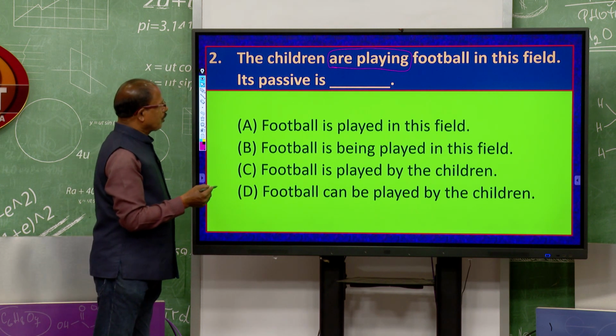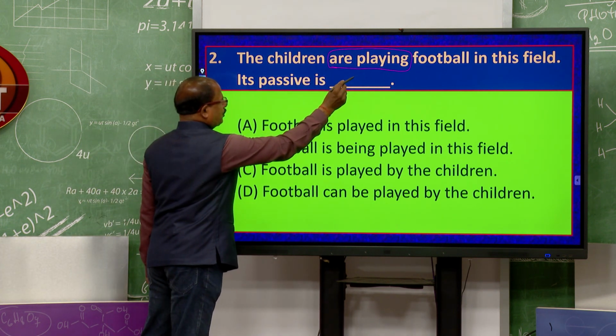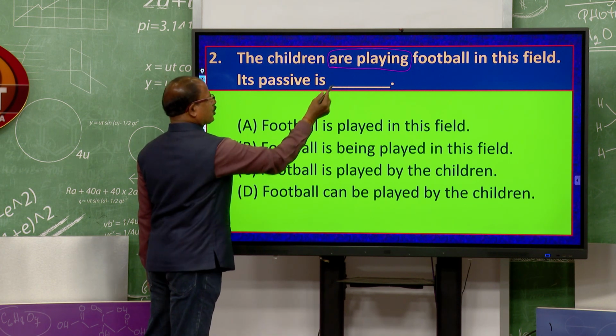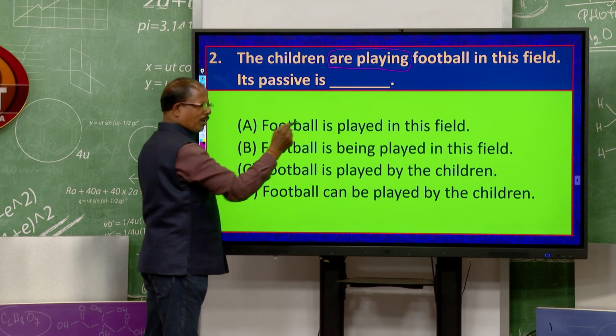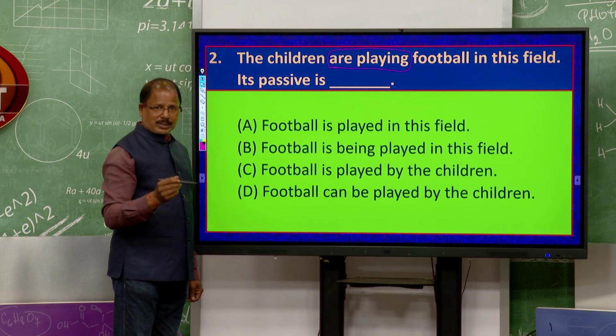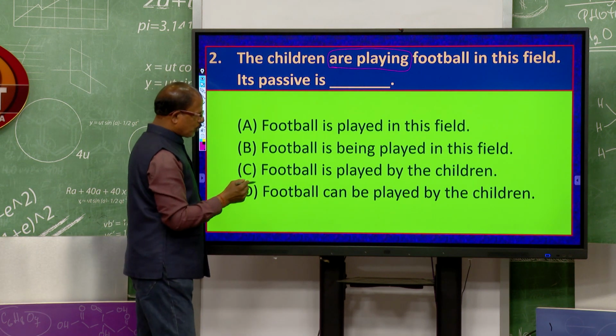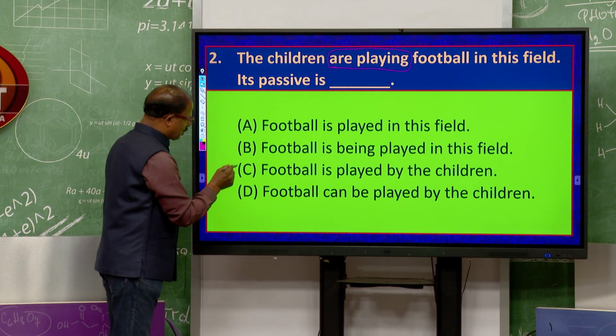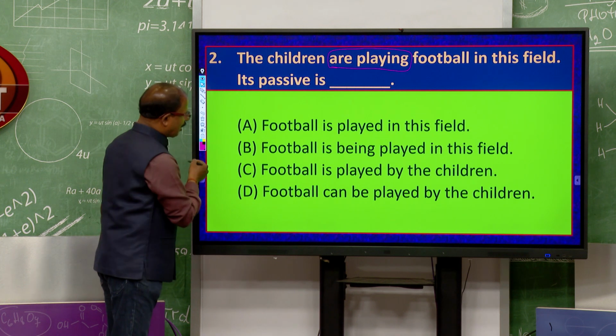So, you see, are playing, we need to use a be verb, and with the be verb, being will also come. We have already discussed the progressive form of the passive sentence. So, now you see is being is there. Before selecting the option, let us see the answer.